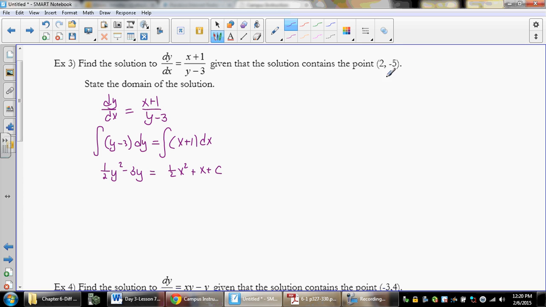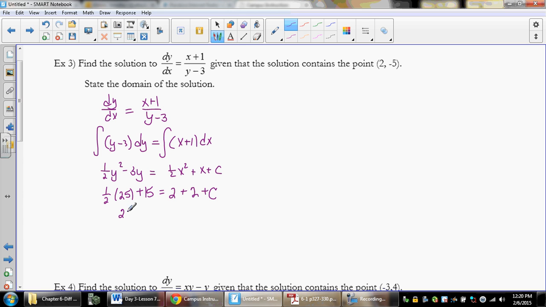And I want this to contain the point (2, -5), so I want to make sure that I plug that in for x and for y. So I have 1/2 of 25 plus 15 equals 1/2 of 4, squared, is 2, plus 2 plus c. So let's see, this is 12.5 plus 15 is 27.5.